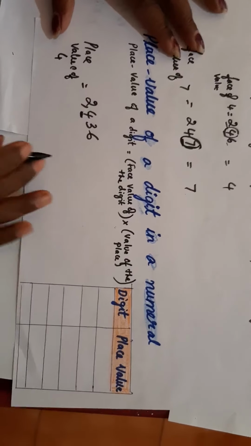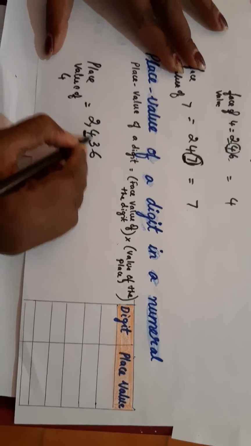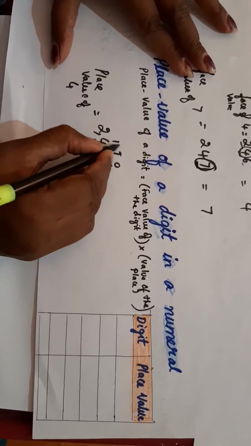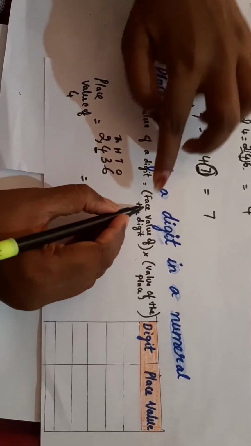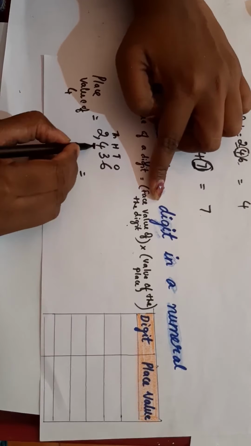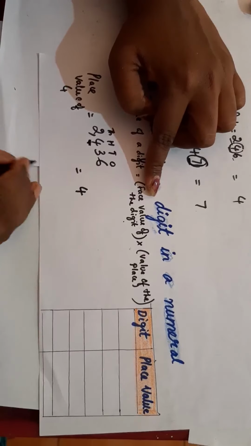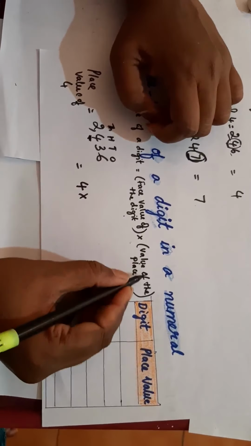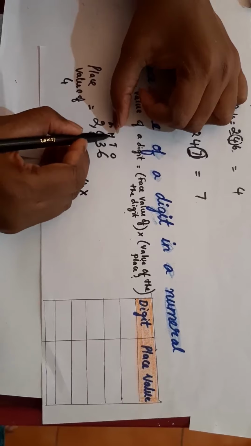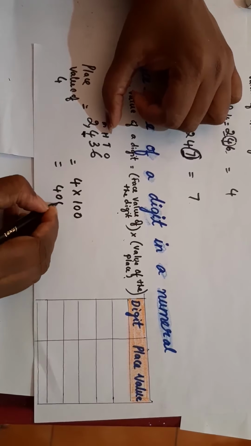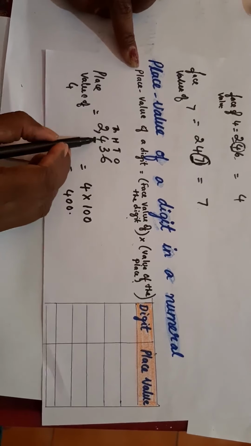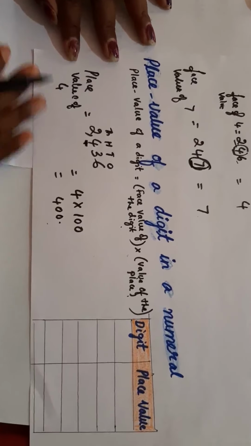According to this, ones, tens, hundreds, thousand. According to the formula, the face value of 4 is 4 only, into the value of the place. What is the value of the place? 100. So 400 is the place value of 4.